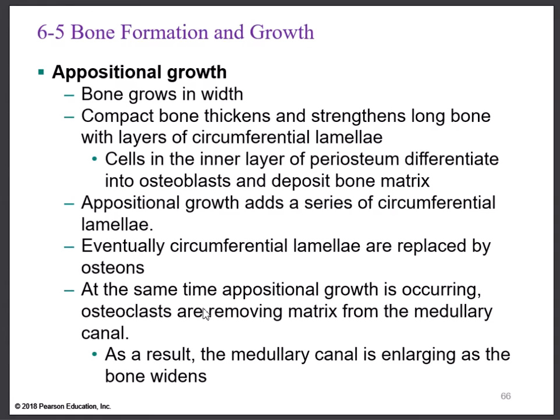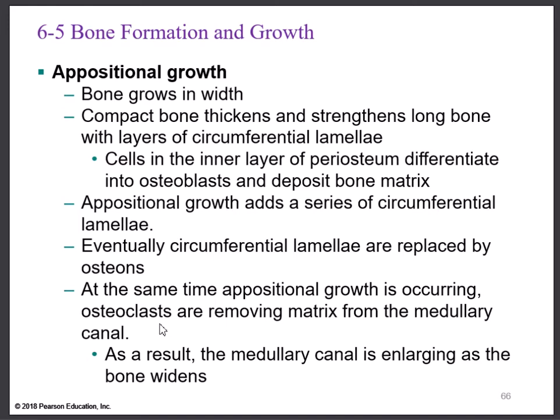At the same time that oppositional growth is occurring and the bone is getting thicker, that medullary canal needs to widen also. That's my last statement here. Osteoclasts inside the medullary cavity are going to remove the matrix, making the medullary cavity widen at the same time that the bone is getting wide.